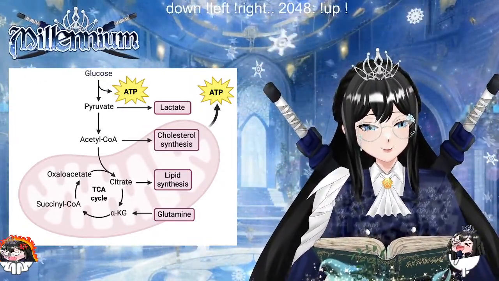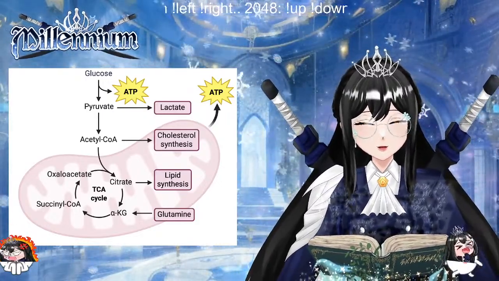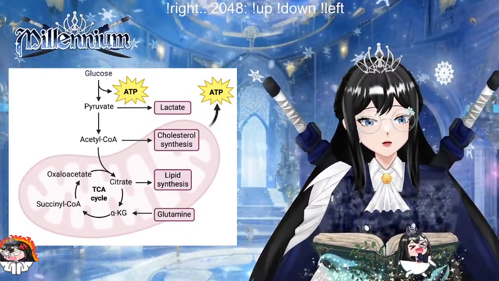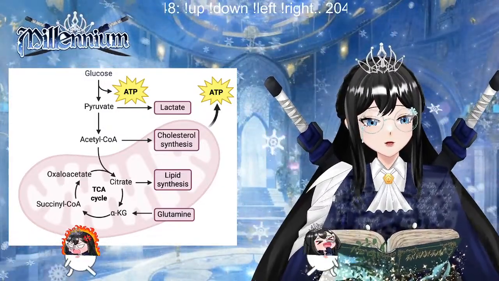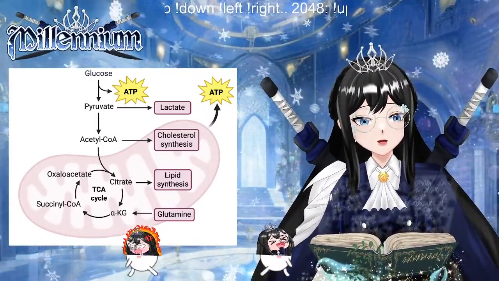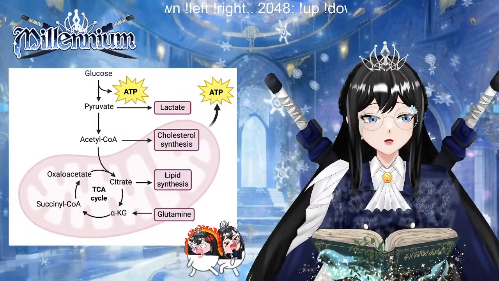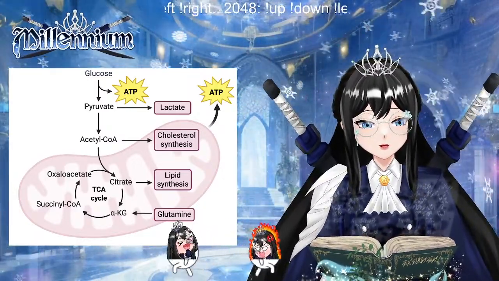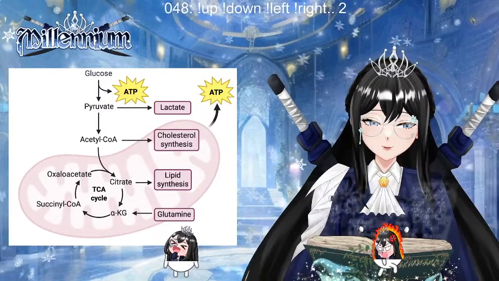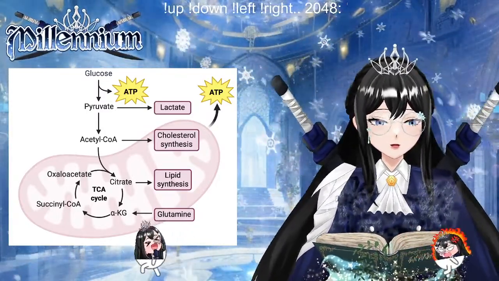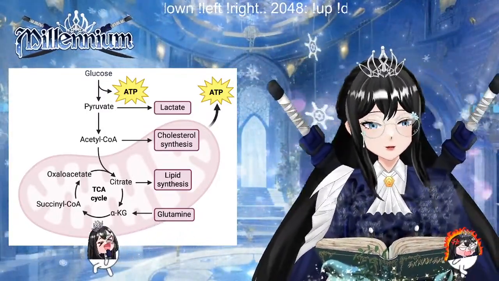We can talk about that again later. So for now, the two major fuels are glucose and acetyl-CoA. Glucose, again, undergoes glycolysis, breaks down into pyruvic acid, and produces some ATP. Pyruvic acid becomes acetyl-CoA and goes inside the Krebs cycle.